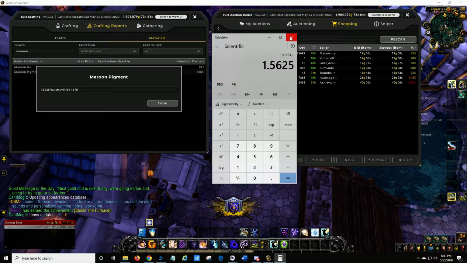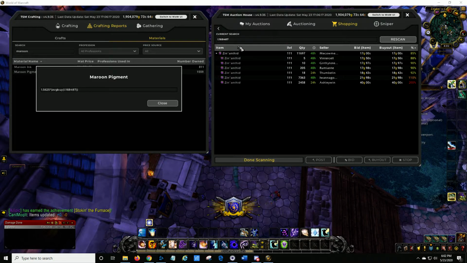So this is one of the herbs and pigments. There's only one herb that you can buy to mill to get this. If you have some of the other ones, I was looking at alabaster pigment earlier. I think it takes peace bloom, silver leaf, and earthroot.